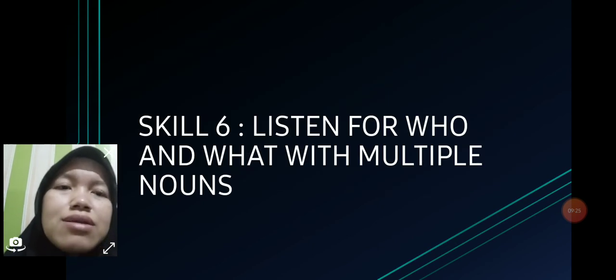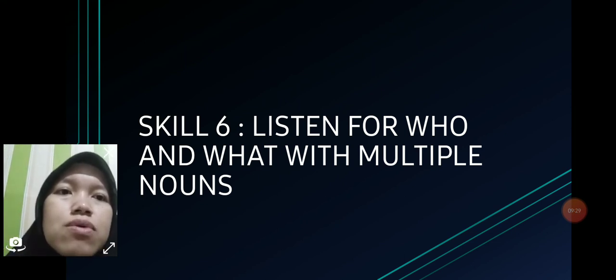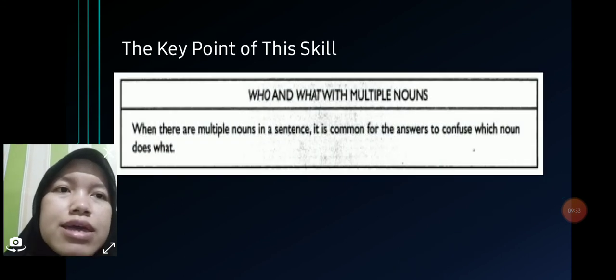And the last one, skill 6: listening for who and what with multiple nouns. Here is the key point of this skill.